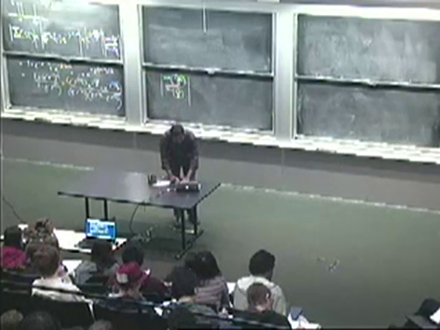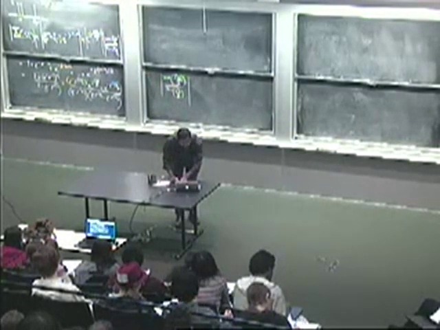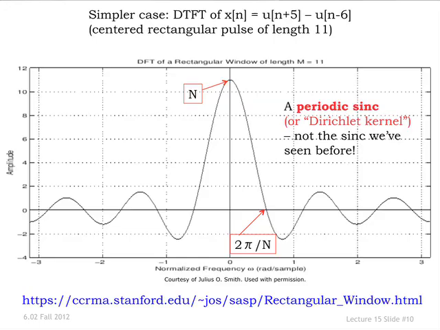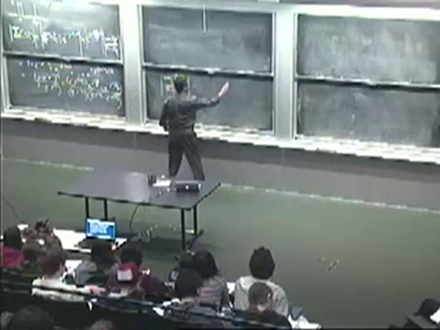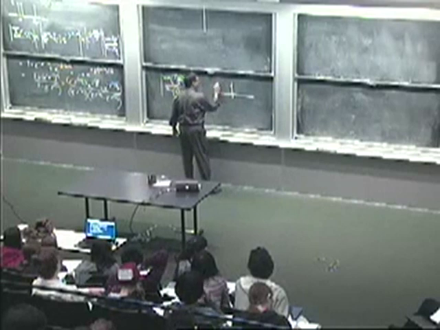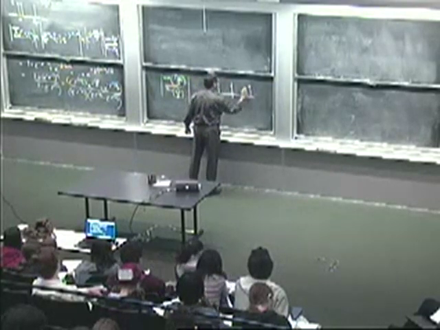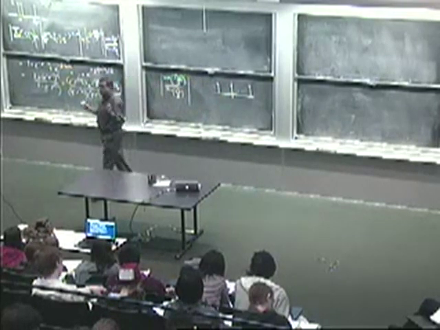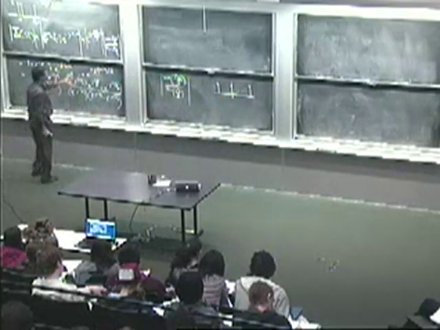So actually, instead of saying all that, I should just draw you a picture. There's a picture of one particular case. So this is a case where actually the pulse didn't start at 0. It was symmetrically located around 0. It was a pulse of length 11, symmetrically located around 0. And because it was symmetrically located, this phase factor went away.